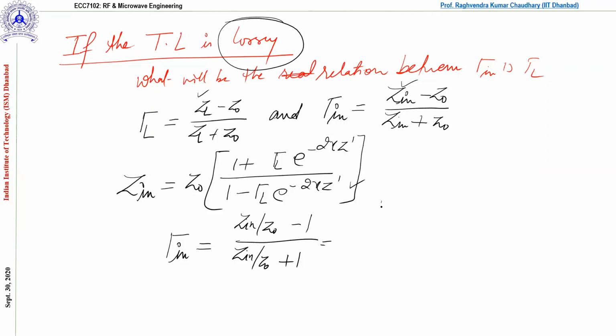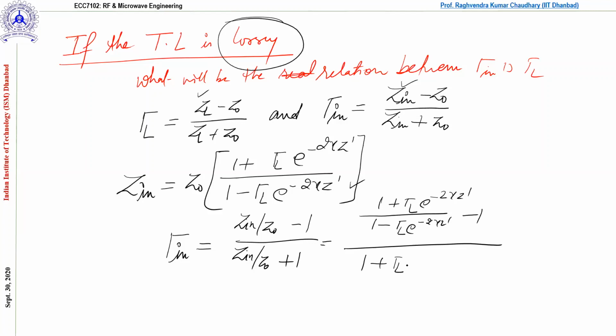So this will be (1 plus gamma L e to the power minus 2 gamma z dash over 1 minus gamma L e to the power minus 2 gamma z dash, minus 1), and the same thing in the denominator, (1 plus gamma L e to the power minus 2 gamma z dash over 1 minus gamma L e to the power minus 2 gamma z dash, plus 1). Now we have to solve this.